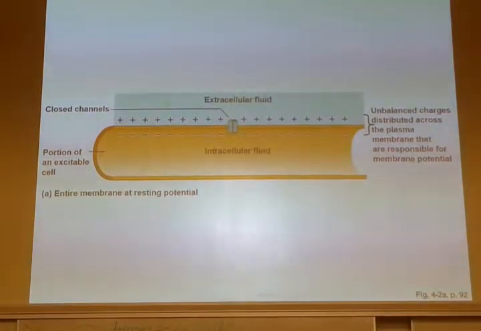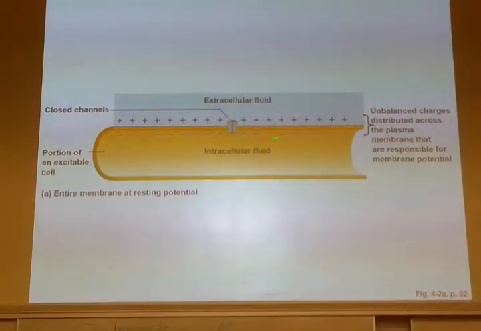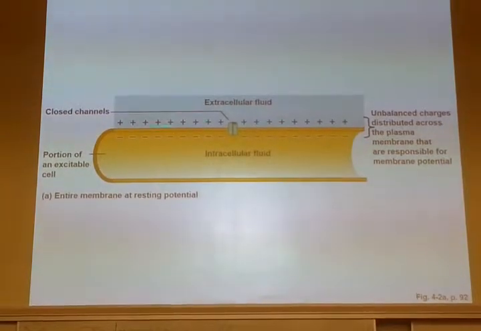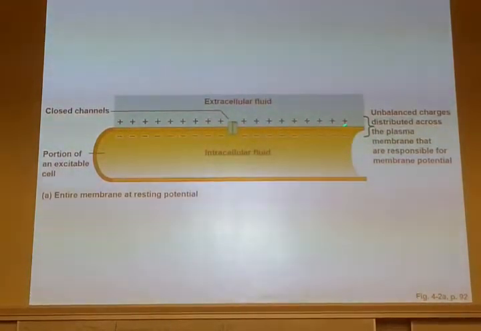So at resting membrane potential, minus 70, you have a net negative charge inside the cell, a net positive charge outside the cell membrane.